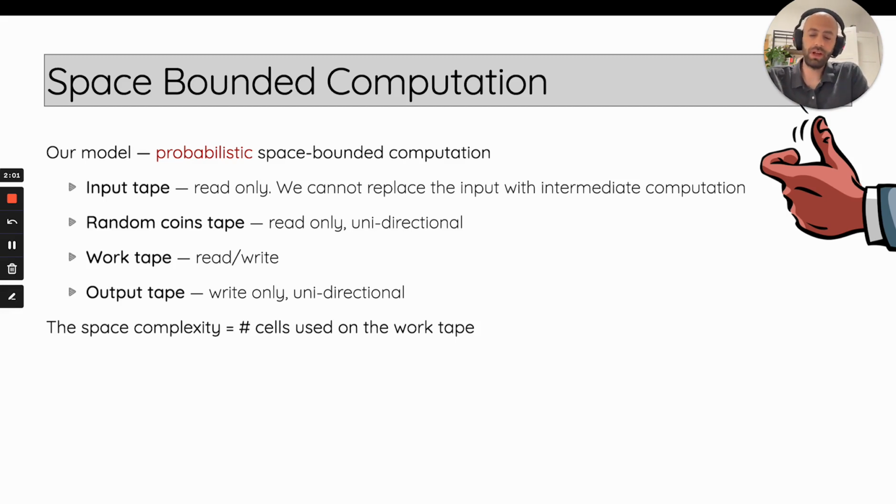And the space complexity is just the number of cells used on the work tape or tapes. And note that if we want to store, for example, previous coin tosses, we cannot do that on the random coins tape because it's unidirectional, and we need to store them in the work tape.